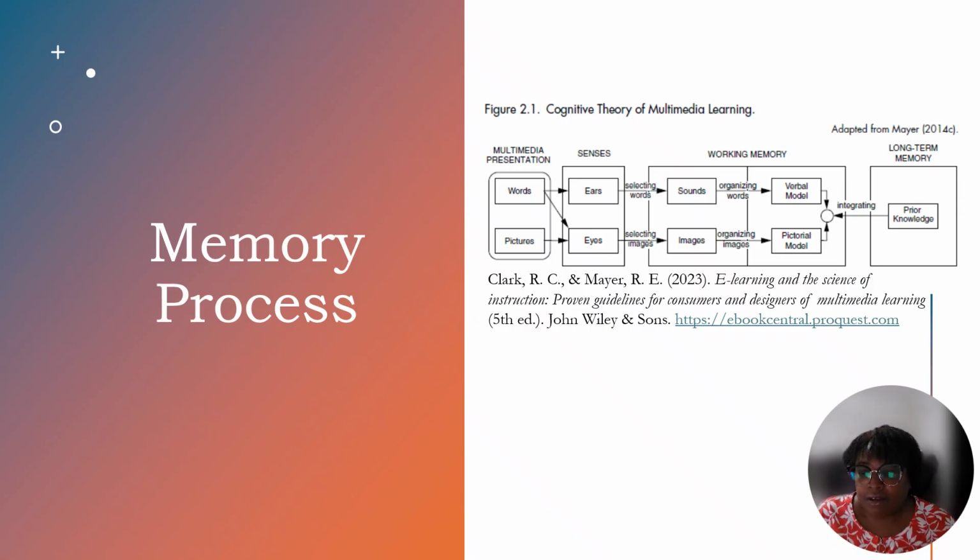So once in the long-term memory, then that multimedia presentation becomes something that they store in their memory. Once it's in the long-term memory, it can be used in order to do assessments based on that presentation.